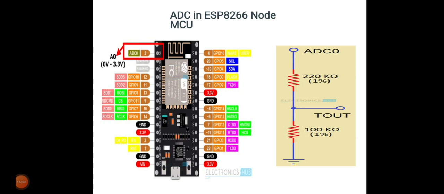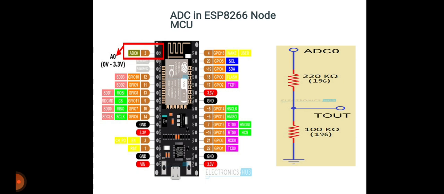The next one is ADC on the ESP8266 Node MCU, in which the Node MCU board is essentially based on the ESP12E Wi-Fi module. This module we have already studied in the last lecture. It has a pin for the ADC, which is called the A0 pin.